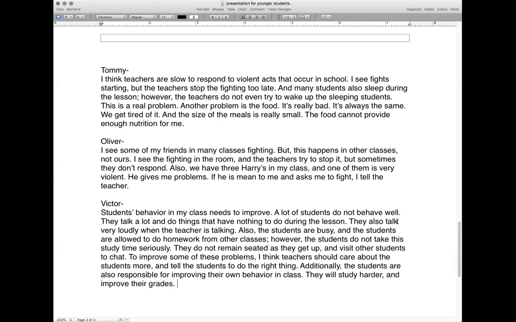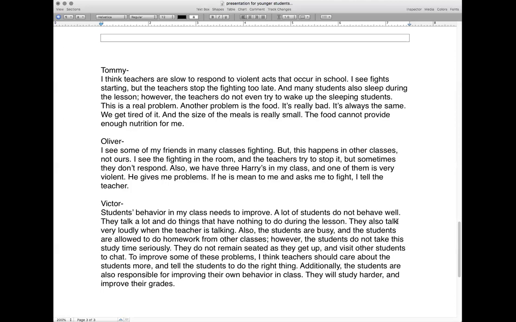Students' behavior in my class needs to improve. A lot of students do not behave well. They talk a lot and do things that have nothing to do with the lesson. They also talk very loudly when the teacher is talking. Also, the teachers are busy and the students are allowed to do homework from other classes. However, the students do not take this study time seriously.